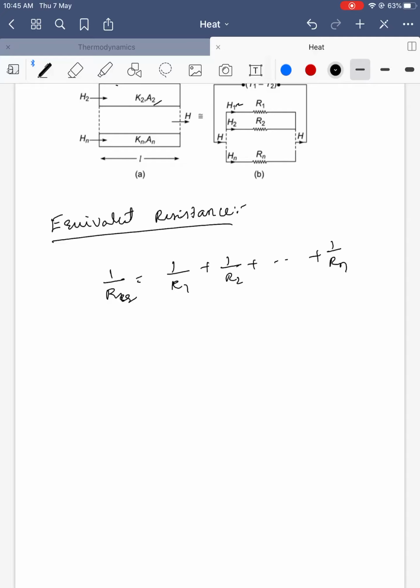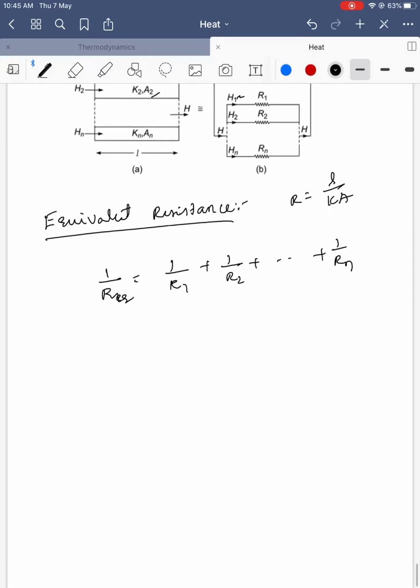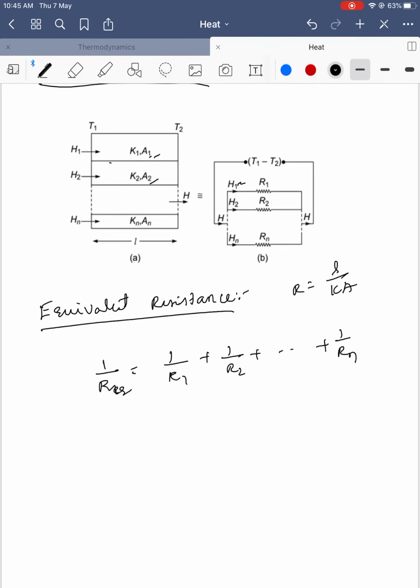What is the resistance? R is equal to L by KA. In a series combination the lengths can be different values. In a parallel combination, if you observe, almost all the lengths are equal, because parallel combination means the rods have to fit parallelly. Or else you can assume L1, L2, L3 like that.